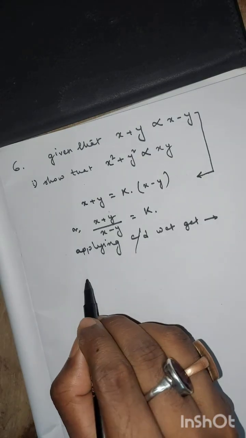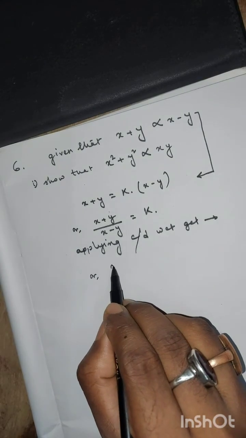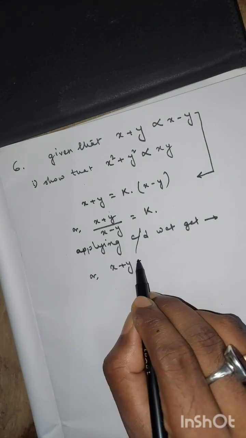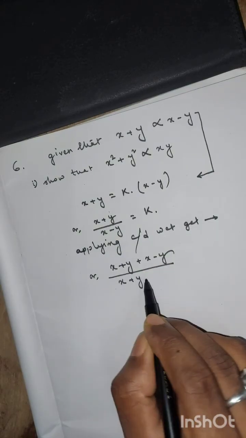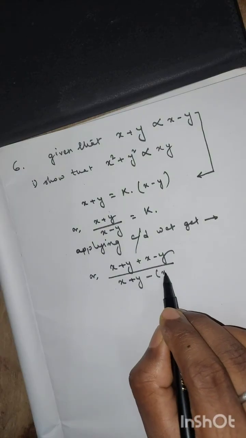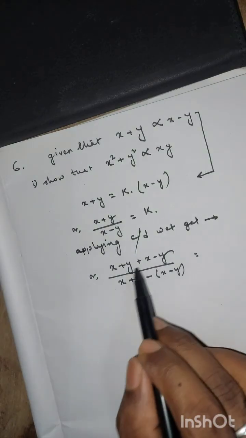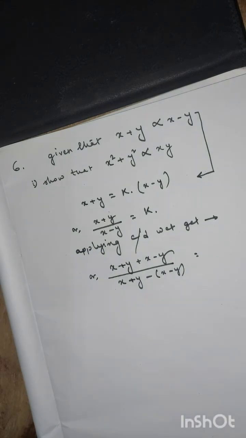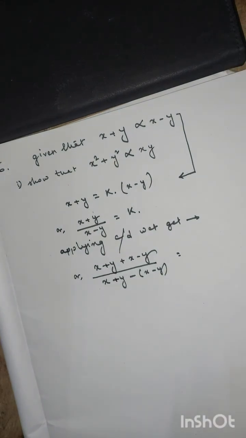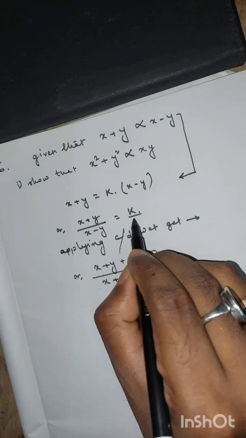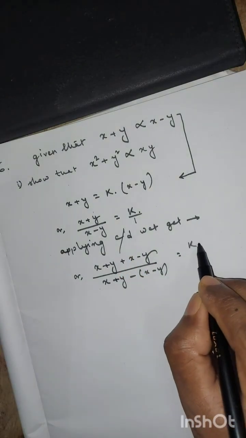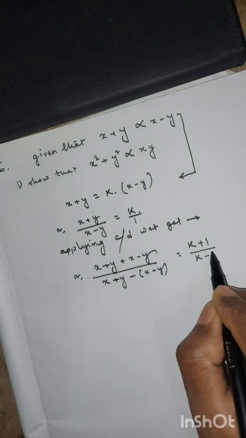So the new ratio is x plus y plus x minus y over x plus y minus x minus y. And similarly, on the right hand side, if there is nothing in the denominator, we can assume that there is 1. So k plus 1 in the numerator, k minus 1 in the denominator.